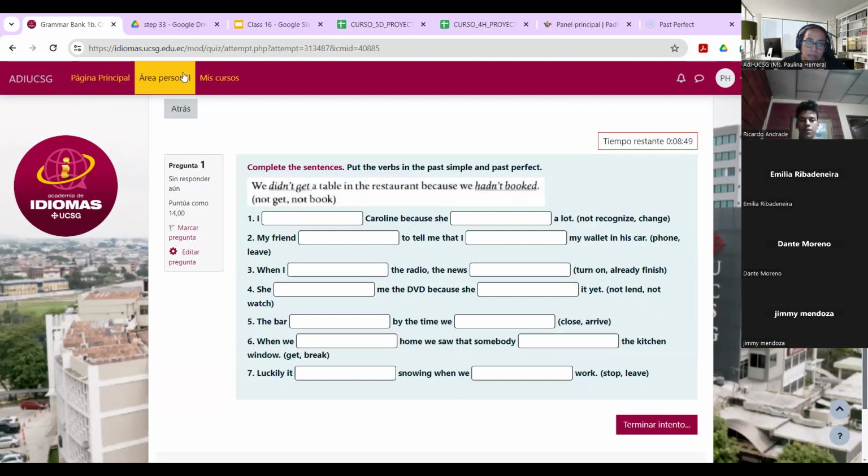Miss, a question: in the case of the module, do we need to complete all the activities or only the activities that we had in class? The ones that are open are the ones that we have done together. Sometimes we have done them together in Zoom, and maybe I didn't tell you to complete it in Moodle.